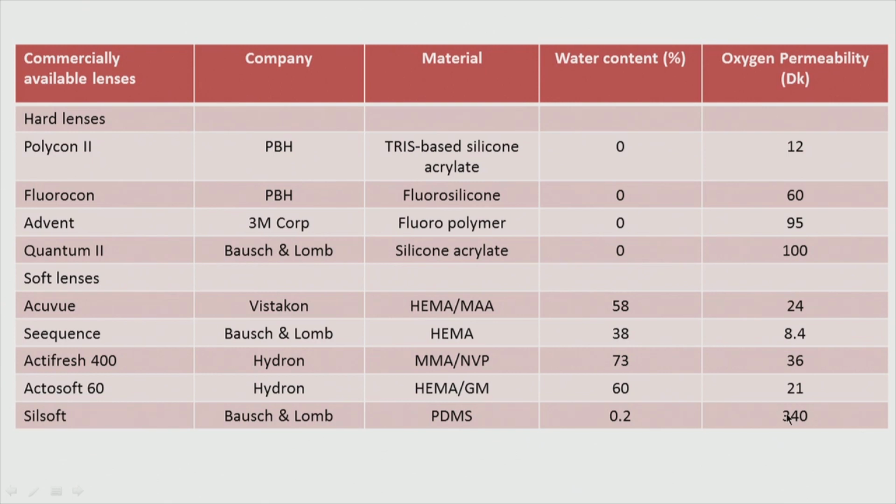Look at the oxygen permeability, it is fantastic. When you have PDMS, water content is low, oxygen permeability is very high, because it becomes very hydrophobic. If you want a balance, some of these methyl methacrylate and vinyl pyrrolidone have high water content and high oxygen permeability.